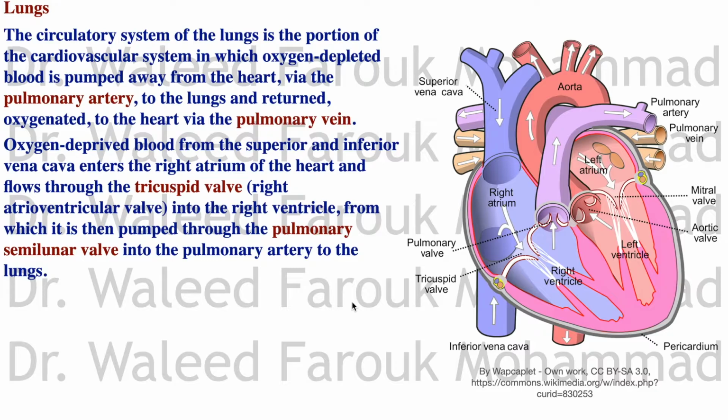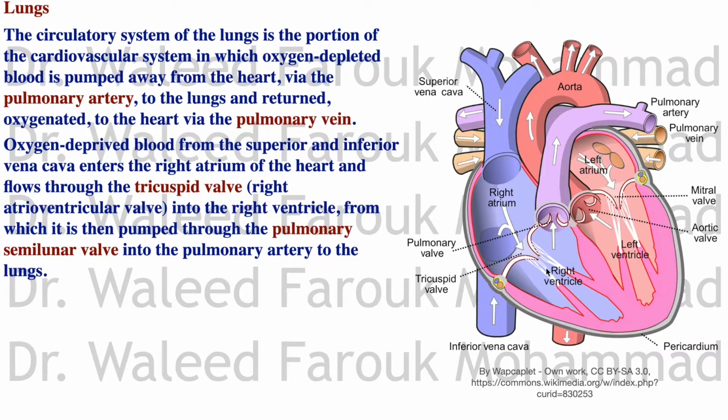The circulatory system of the lungs is the part of the cardiovascular system in which oxygen depleted blood is pumped away from the heart via the pulmonary artery to the lungs and back to the heart via the pulmonary veins. The deoxygenated blood from the superior and inferior vena cava that open into the right atrium flows through the tricuspid valve.